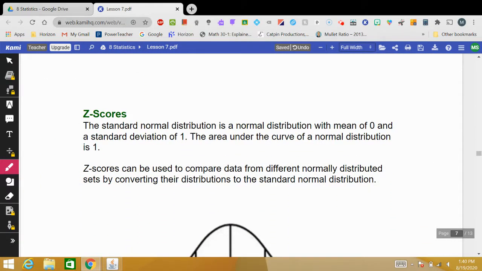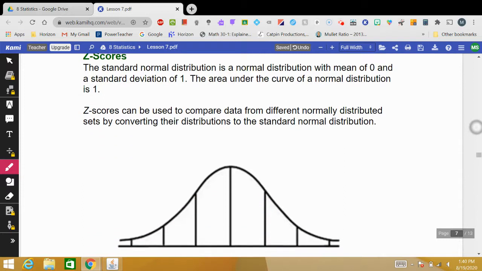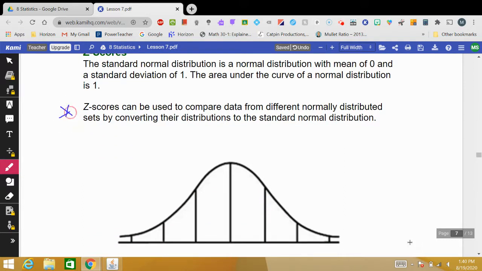So, z-scores can be used to compare data with different normally distributed data. So where this comes in handy is when we want to compare data. So let's say a nurse in Canada was looking at the sleeping patterns of infants, but a nurse in Mexico was also doing it. So let's say they ended up with a different mean and different standard deviations.